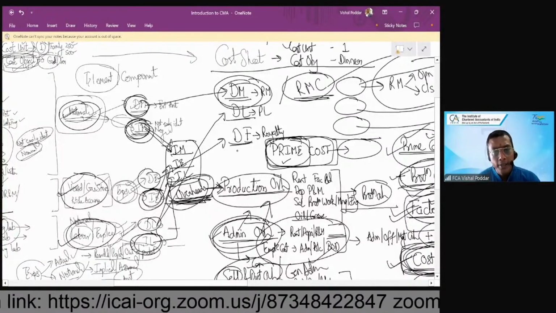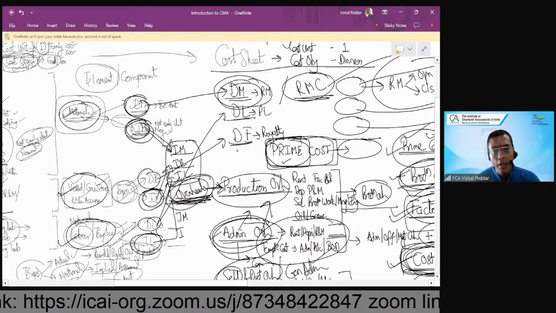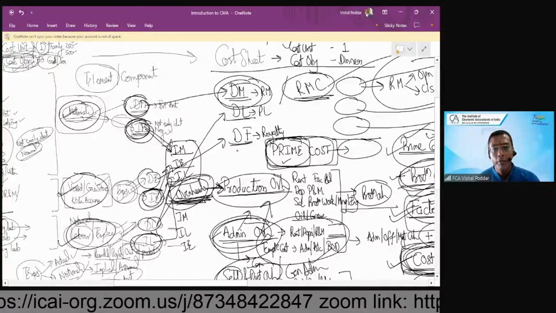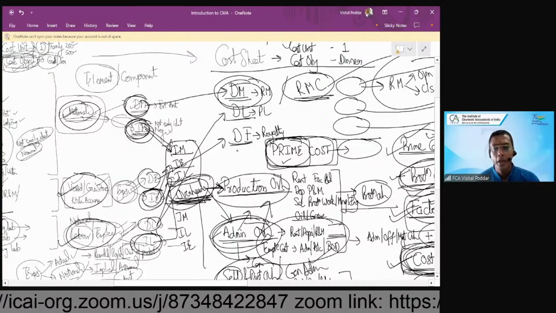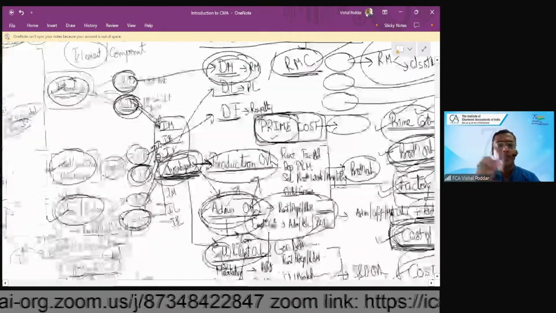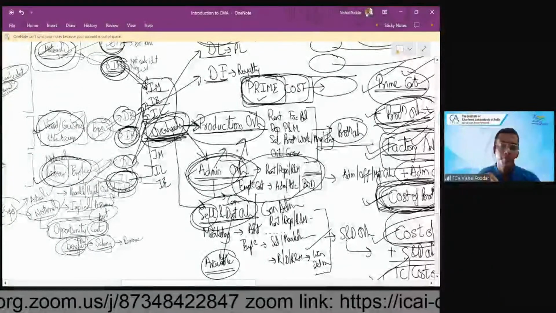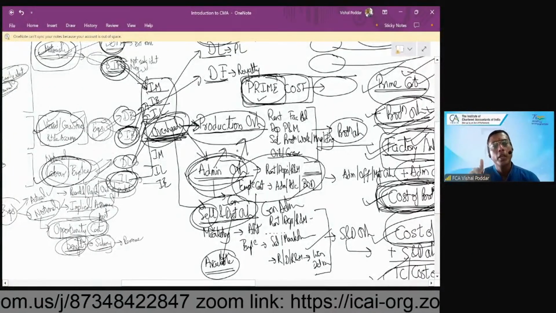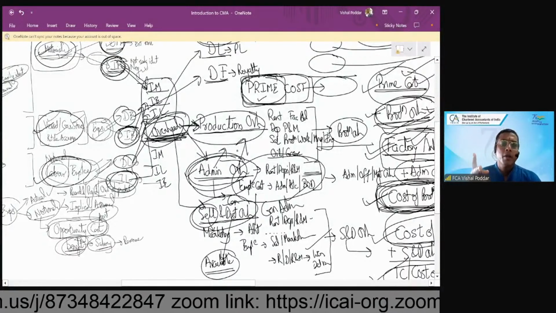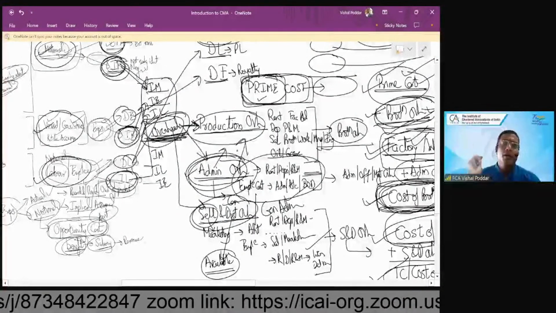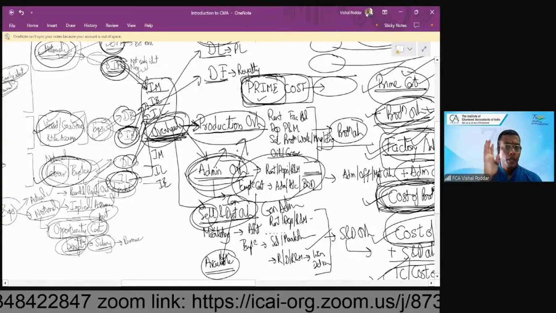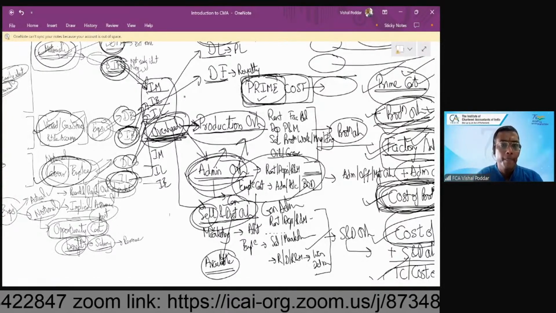It means overheads has the same three items: indirect material, indirect labor, indirect expense. And then we bifurcate it function wise. So the overheads become three overheads: production overheads, administration overheads, selling and distribution overheads. Shruti, employee cost will be there in all three. Indirect material may be there in all three. Indirect expense may be there in all three, but relating to that function. I hope I've answered you, Shruti.